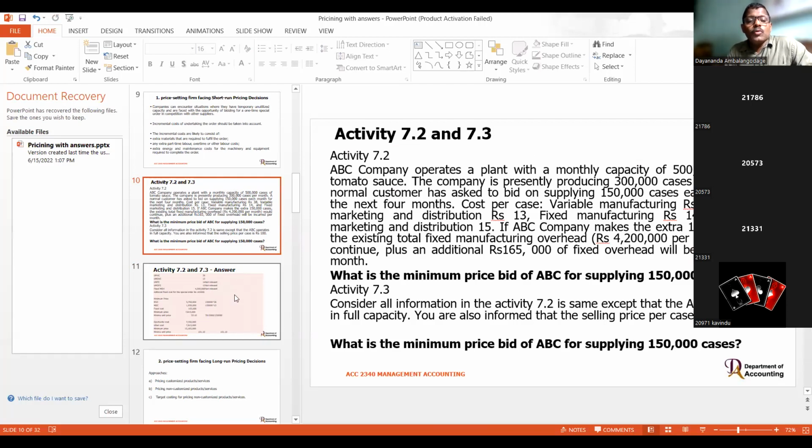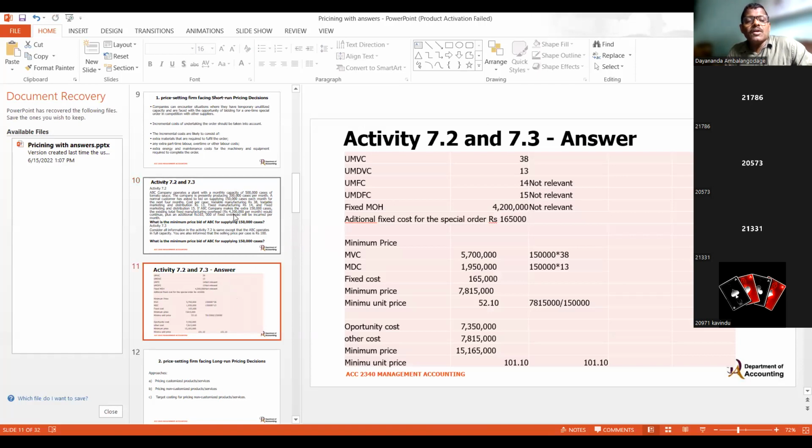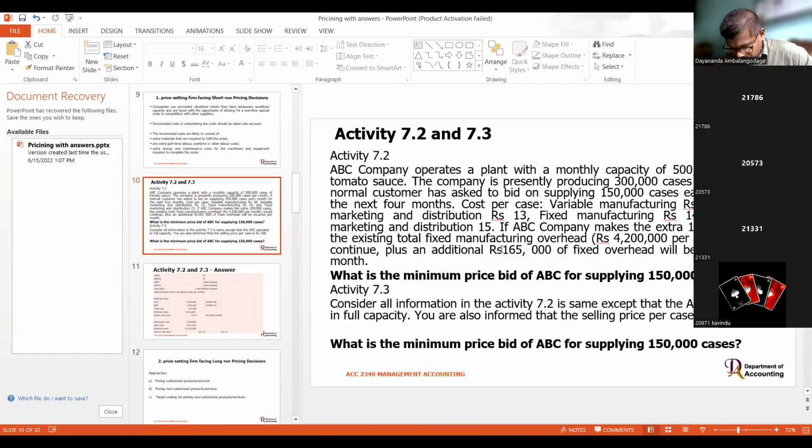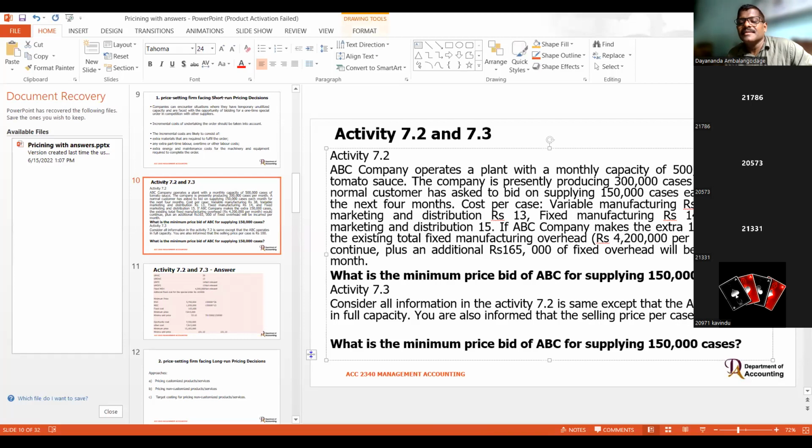So when you use the full capacity, opportunity cost concept is coming in. What is opportunity cost? It is the price which has already been foregone for the next best alternative. So thereby, we have given some information. The existing product is selling at 100, right?